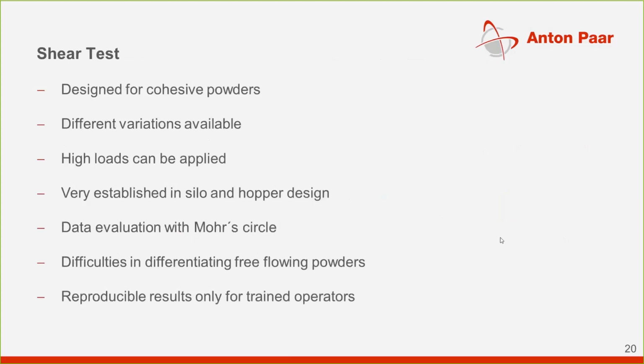This method is quite established for silo and hopper design, and it's used quite a lot for that. Another advantage is that high loads can be applied, and if it's done correctly, this can be very practical for reproducibility, because the samples are prepared and pre-sheared.